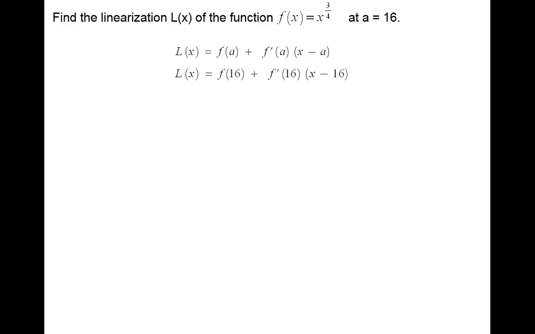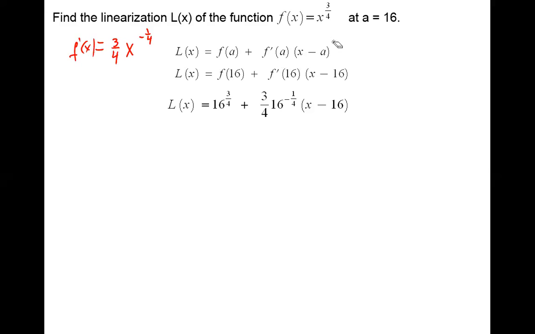Okay, that means I'm substituting my point a equals 16, and then I have my function x to the power of 3/4, which will be 16 to the power of 3/4, and the derivative of x to the power of 3/4 is 3/4 x to the power of negative 1/4. Instead of x, I put 16.